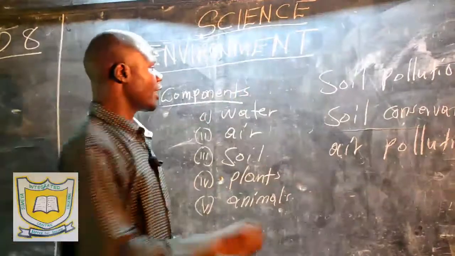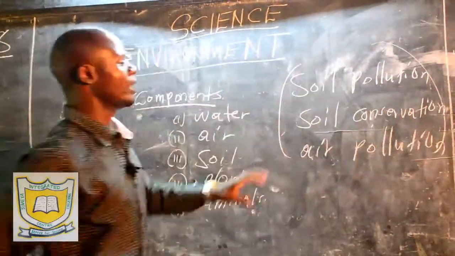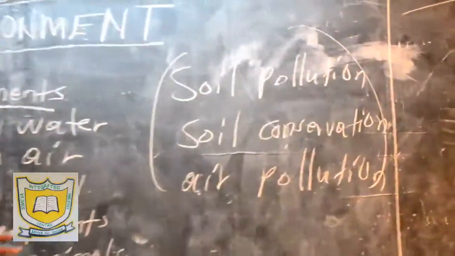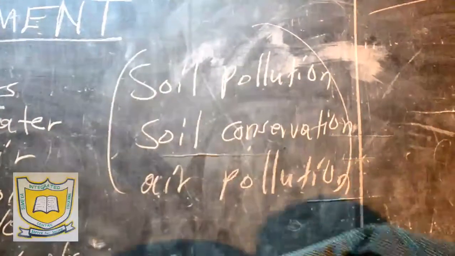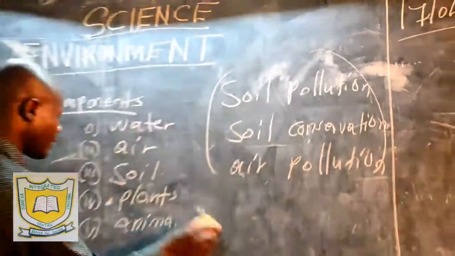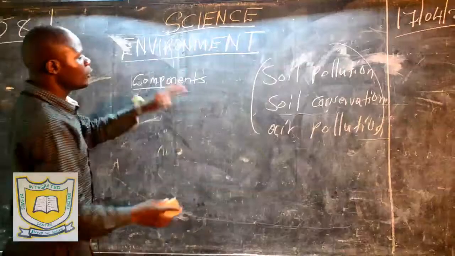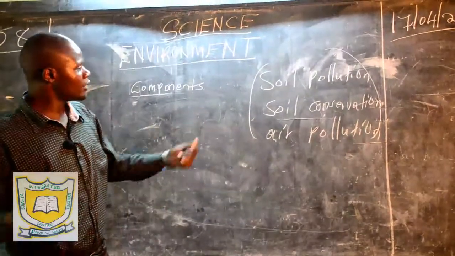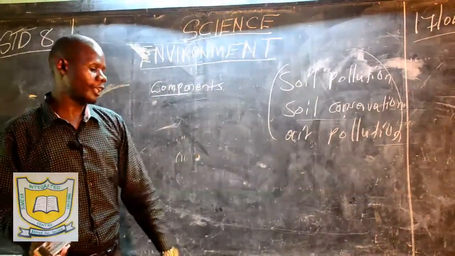This one you have not covered. Now we will cover here. This one you have already covered. This one you covered in class 7 and will be connected to this one, because there is no difference. We are still talking about the environment.